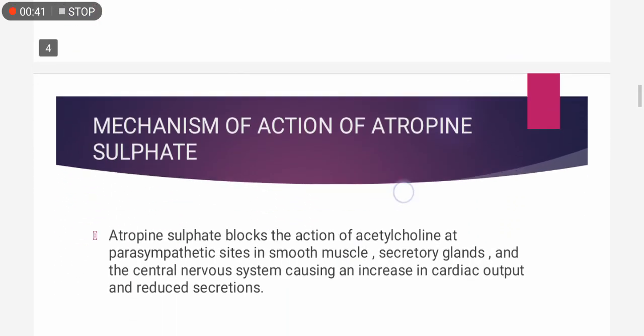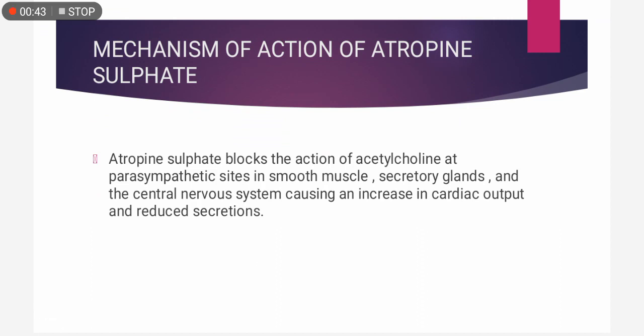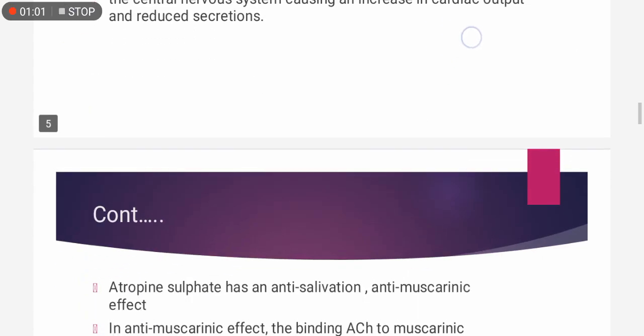Now, going down to the mechanism of atropine sulfate. Atropine sulfate blocks the action of acetylcholine at parasympathetic sites in smooth muscle, secretory glands, and the central nervous system, causing an increase in cardiac output and reduced secretions.